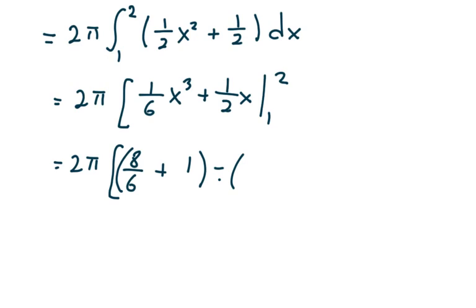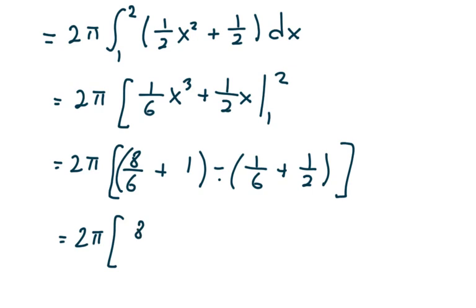Plug the 1 in, we get 1 over 6 plus a half. Now, the common denominator is 6, so I'm going to get 2 pi times 8 over 6 plus 6 over 6 minus 1 over 6 minus 3 over 6.